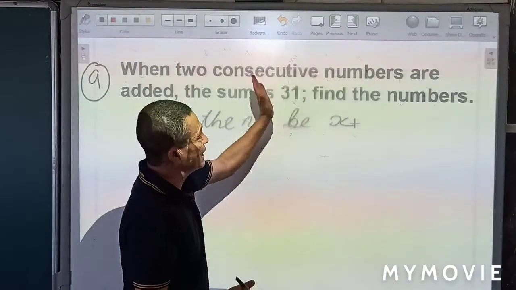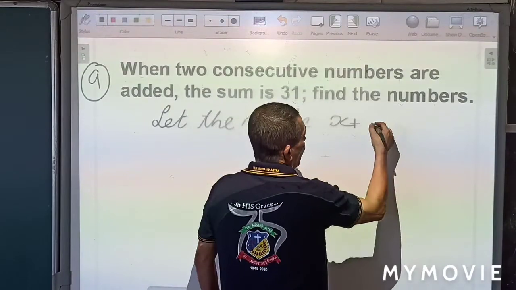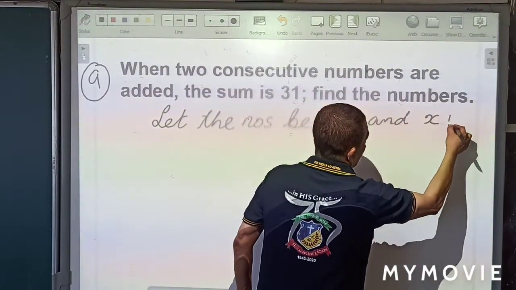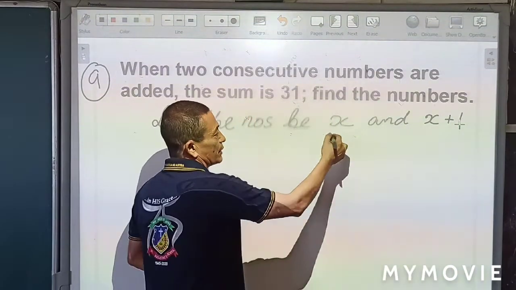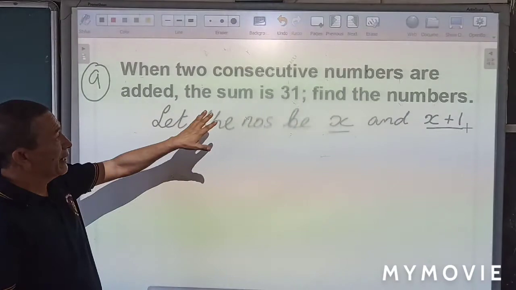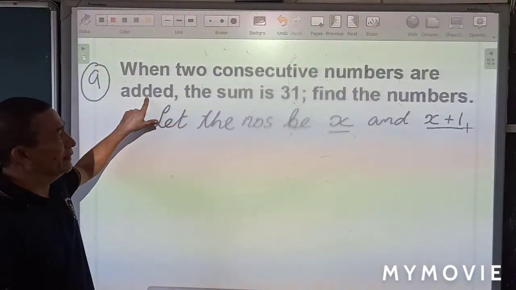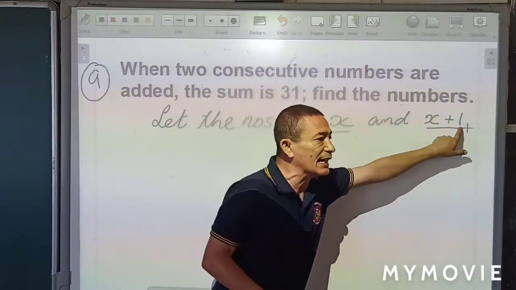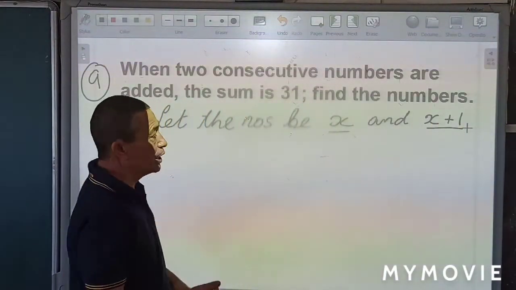So, the next number, that's the second number, will be x plus 1. So, I'll take these two numbers, x and x plus 1. So, this is the first number and this is the next number. They are saying when they are added, the sum is 31. That means if I add x and x plus 1, it becomes 31.